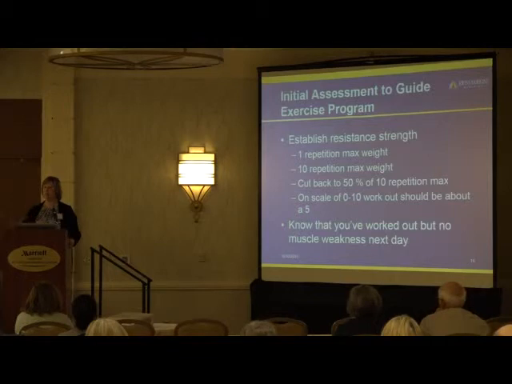Because they want your workout to, on a scale of 0 to 10 being the hardest activity you can ever do, they want you to start at about a 5 so that when you're done, you feel that you've worked out, but the next day you're really not exhausted or you're not terribly sore in your muscles. So that's a good rule of thumb.